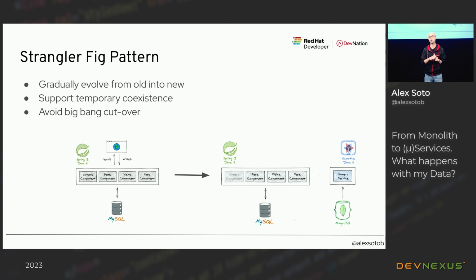So it means that you are not doing a big bang deployment. You're not just taking your monolith, rewriting it from scratch to microservices, starting it, and seeing what happens. No, you take one part, you extract it, you try it. When it works, you extract another part, you try it, it works, and step by step, you end up migrating your monolith to microservices.